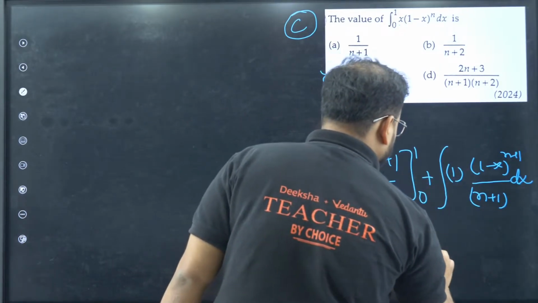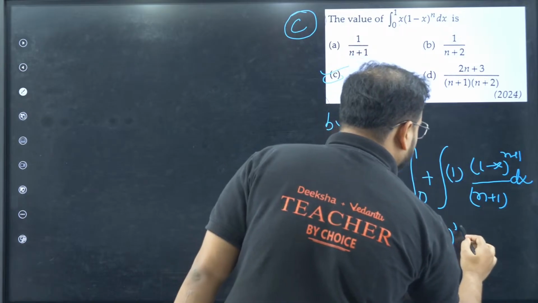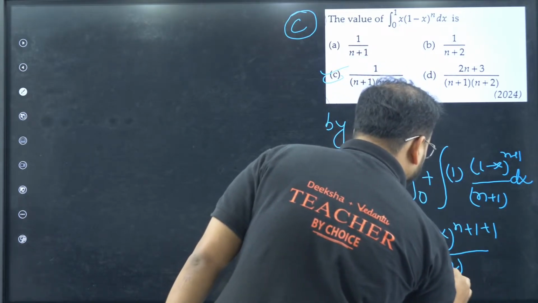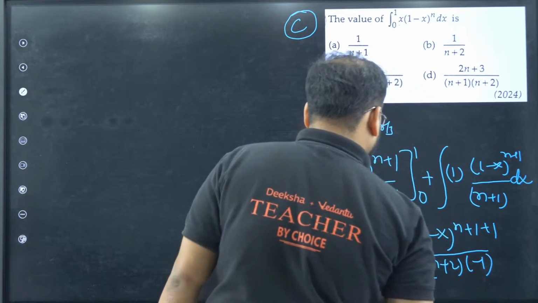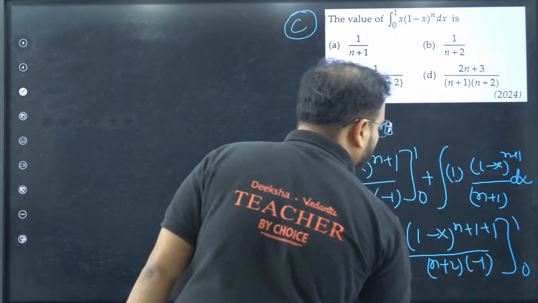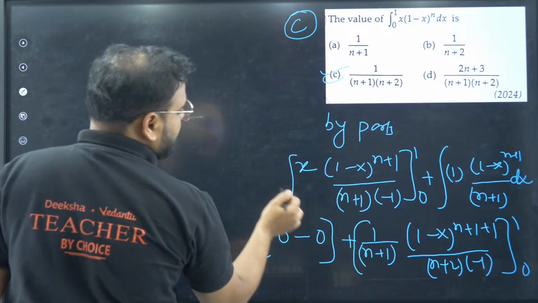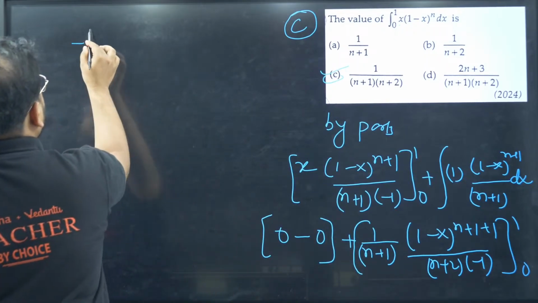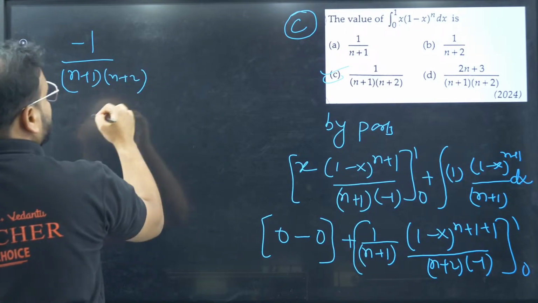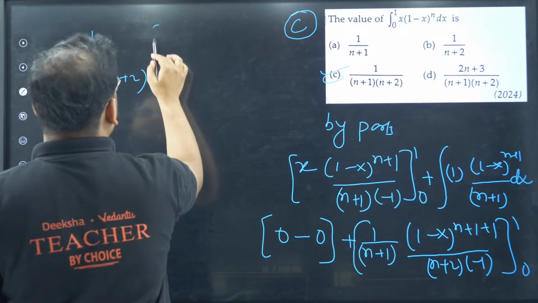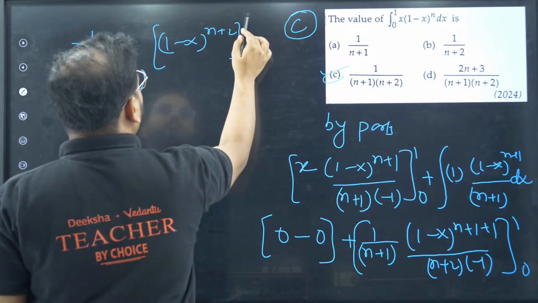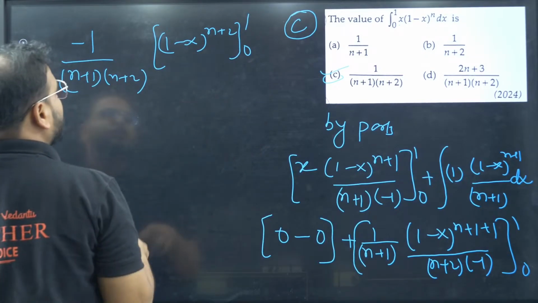You'll have this as (1 minus x) power n plus 1 divided by, again same thing, n plus 2 times minus 1, and this time again we'll have the limit from 0 to 1. I'll have the constants with me. So I have here minus 1 upon (n plus 1)(n plus 2), and inside I have (1 minus x) power n plus 2 from 0 to 1. Put here 1, you get this as 0.